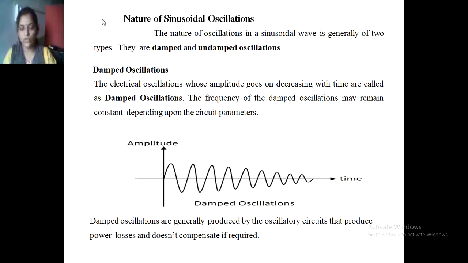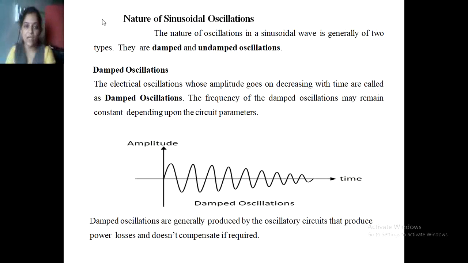The nature of oscillations in a sinusoidal wave is generally of two types: damped and undamped oscillations. So let us see the damped oscillations.